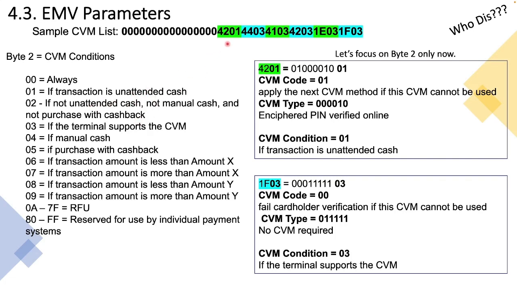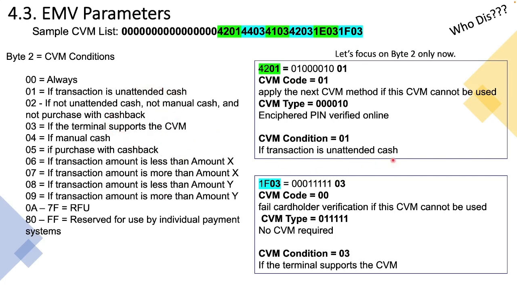So you can create many permutations and many variations, and you can add many more entries to this list, which will allow you as an issuer or as a business to have very precise and very specific conditions for cardholder verification based on transaction values, based on transaction types, etc.